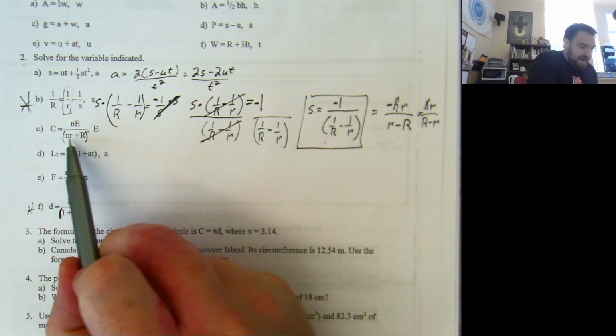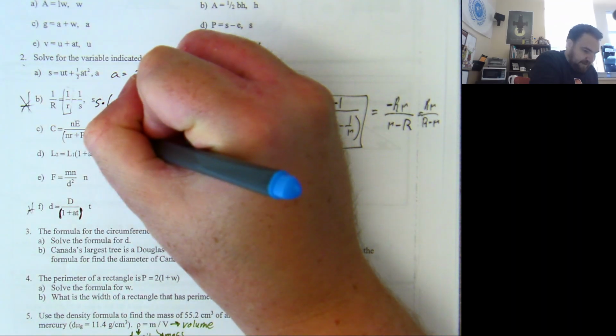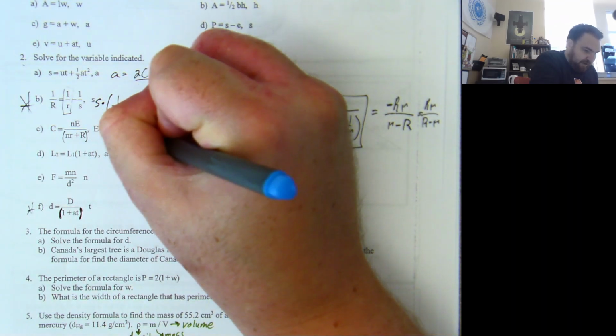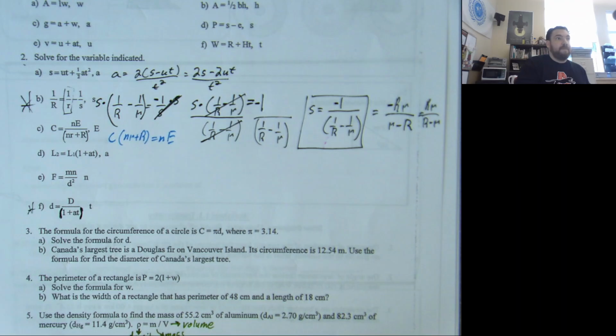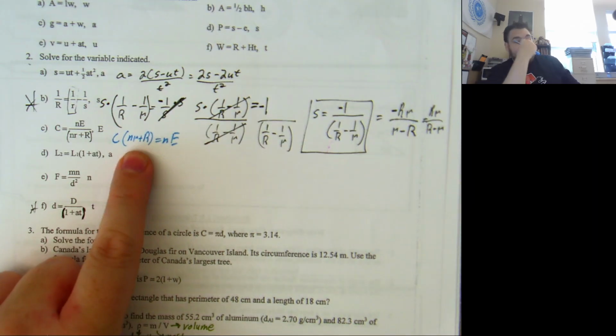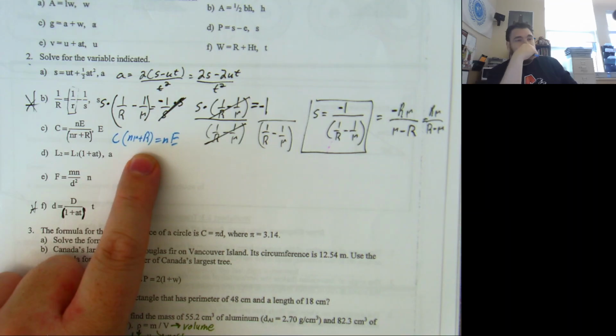Multiply both sides by nr plus r, and you're going to get c bracket nr plus big R equals little n times e. You can treat that whole denominator as one mathematical object and multiply the whole thing up. And then the last step here I think is fairly straightforward. Does that make sense? Okay.